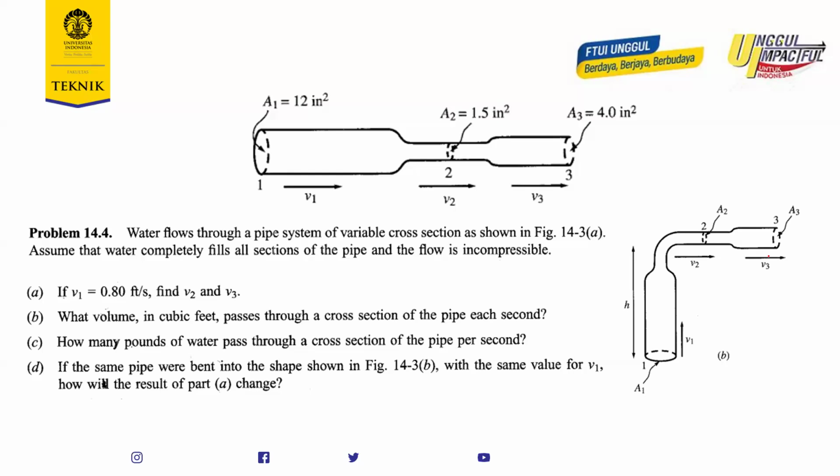So for part A, we can calculate by A1 V1. V1 is 0.8 feet per second, right? So we need to calculate V2 and then V3.